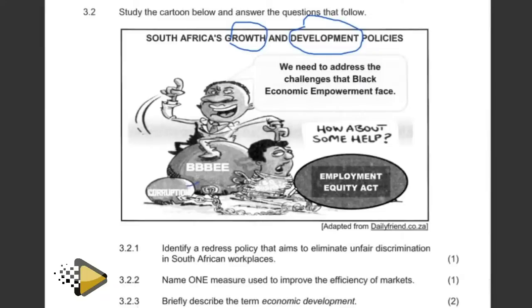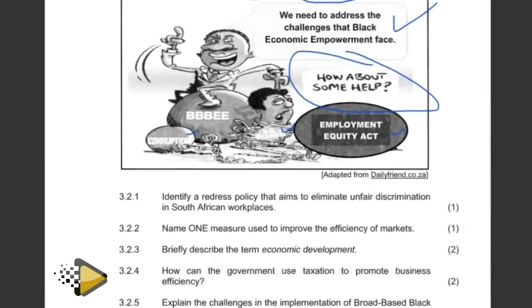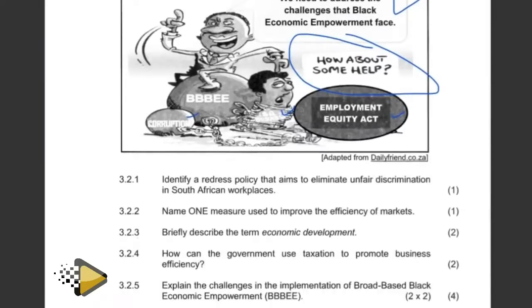This is corruption, and then we also have the Employment Equity Act, and South African businesses. Also, health. So we have this given set of messages. Okay, grade 12, know that before you jump onto answering any question, you should always make sure that you understand the message being portrayed by the given cartoon.